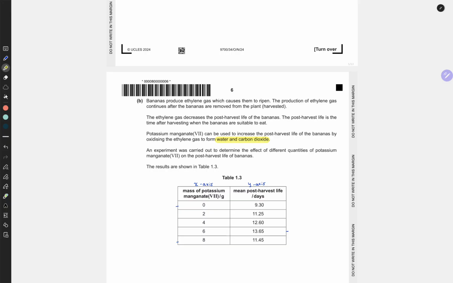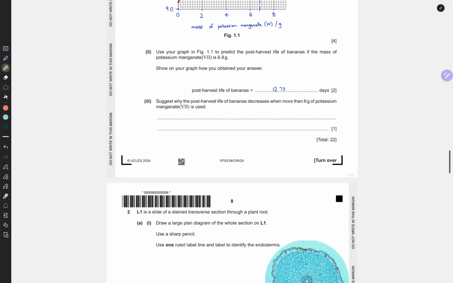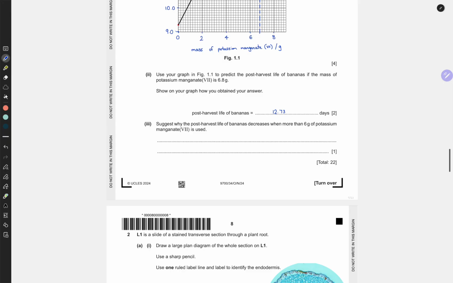So of course, you can write that water and carbon dioxide ruins the banana, and also that potassium manganate is toxic and affects the flavor of the banana. That's why the life of the bananas decreases.